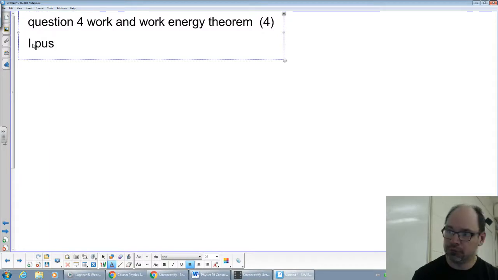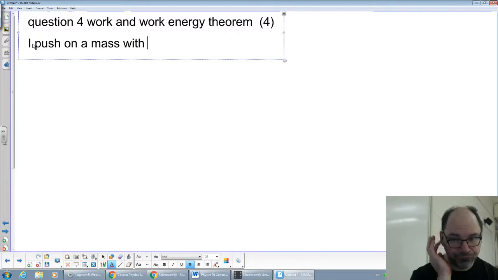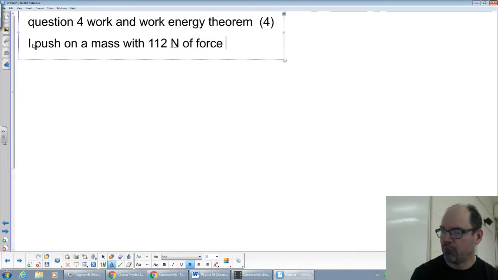Push on a mass with 112 newtons of force, moving the object, moving the mass.